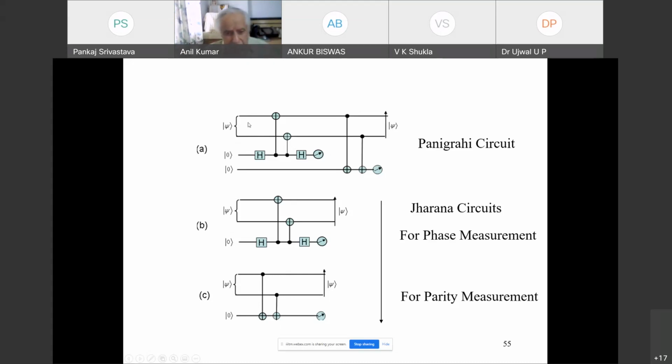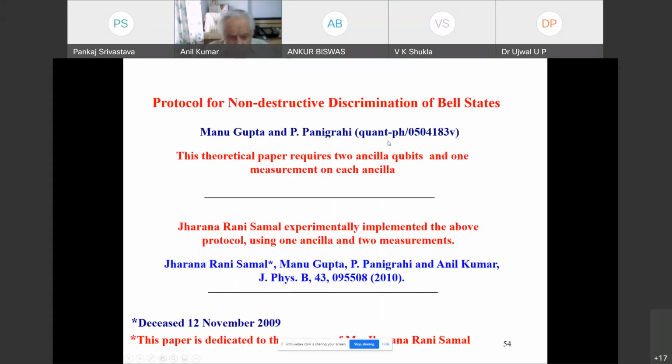So if you do this, take the Bell state and put the ancilla qubit in Hadamard position, do the control-NOT operations, control-NOT Hadamard, then you get the Bell state here, and the Bell state is not destroyed, but you get the information.